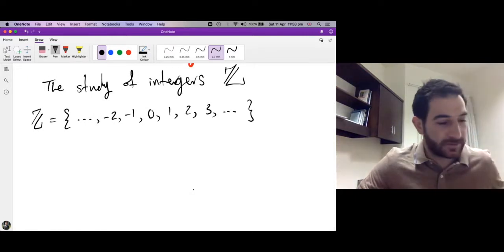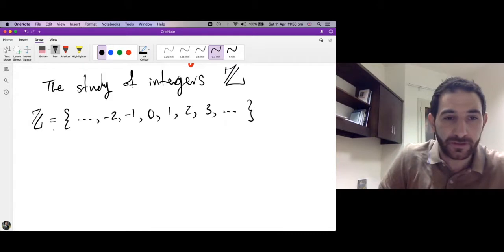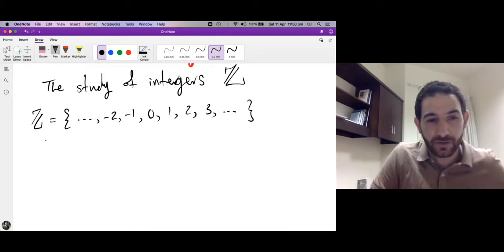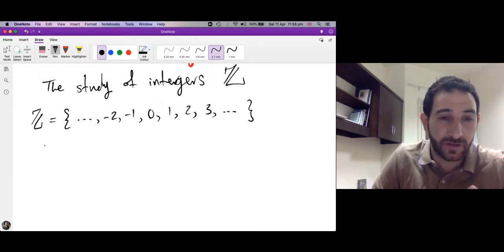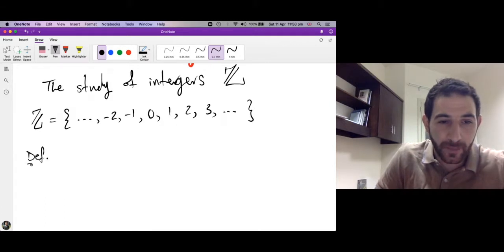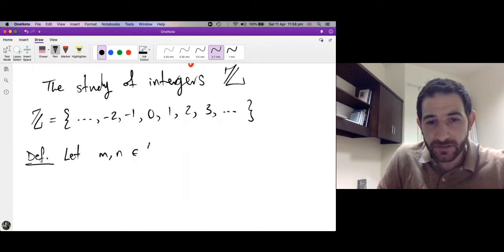Let's start with the very main definition of this chapter. We will base all of our further complicated concepts on the concept of divisibility. So, definition. Let m and n be integers.